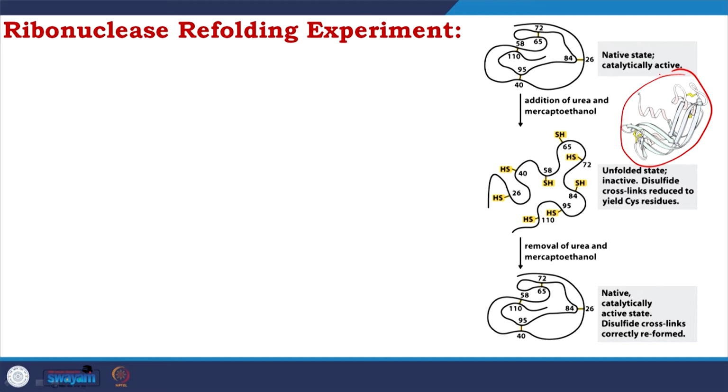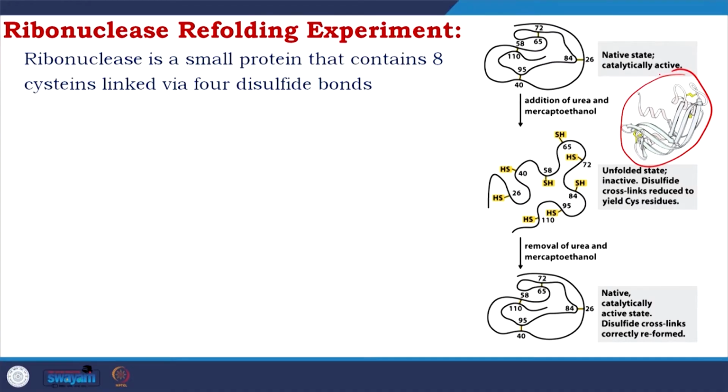The reason Christian and Anfinsen chose ribonuclease is not because of this, but mainly because it used to develop an assay where a colorless solution is converted to red color. Ribonuclease is a small protein that contains 8 cysteines linked via 4 disulfide bonds. As you see here, the 4 disulfide bonds.